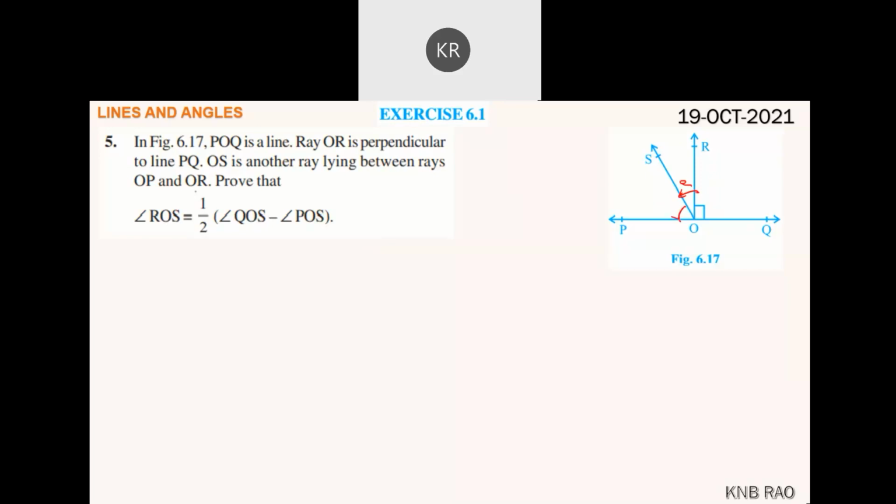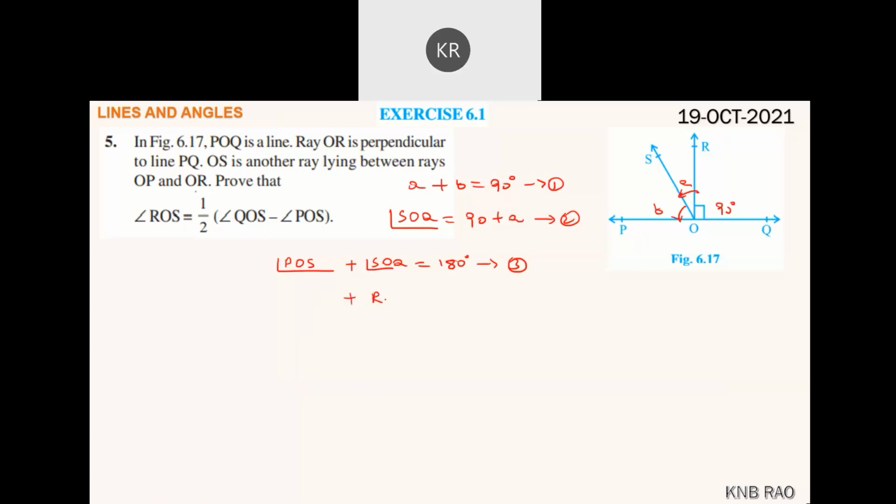A, B, 90, angle, next, angle SOQ is 90 plus A. Angle POS plus angle SOQ is 180 degrees, and A plus B equals 90 degrees. Equation 1, equation 2, equation 3.